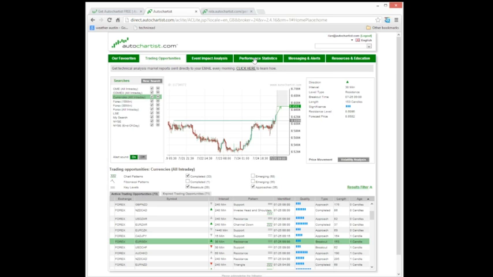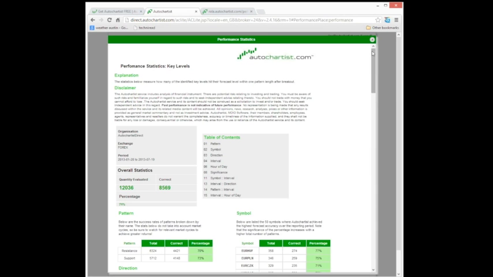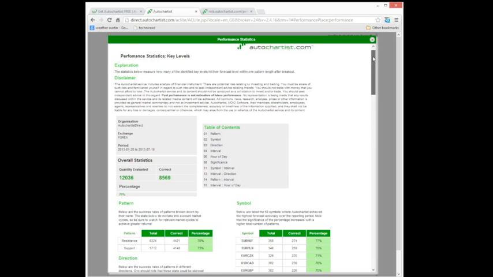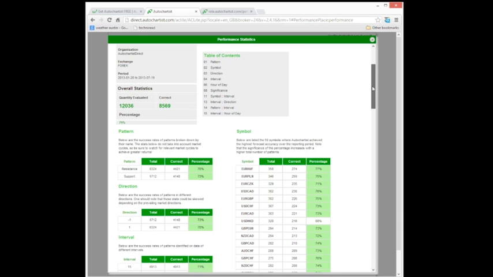If we look at the performance statistics of breakout key levels on the Forex market, let's bring up those statistics. Now we're seeing over the last 6 months, the percentages are much higher actually than the technical chart patterns. And I'll talk about that in just a moment.